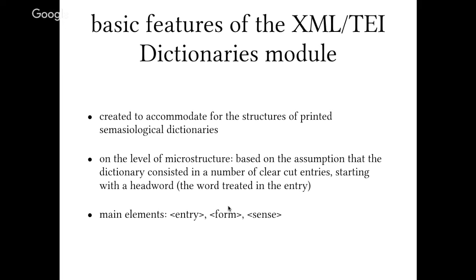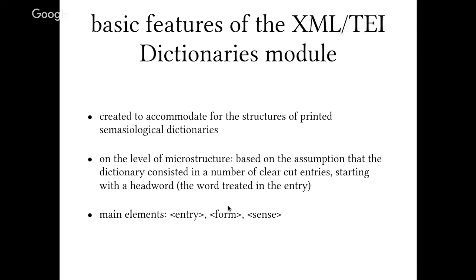On the level of the microstructure, which I will focus on, the module is based on the assumption that the dictionary consists of a number of clear-cut entries. We know where an entry starts and where an entry ends. And each of these entries starts with a head word, which is also the word that is treated in the entry. Everything else has a certain relation to this head word and is meant to provide information of this or that type for it.